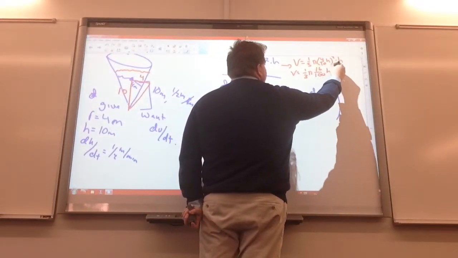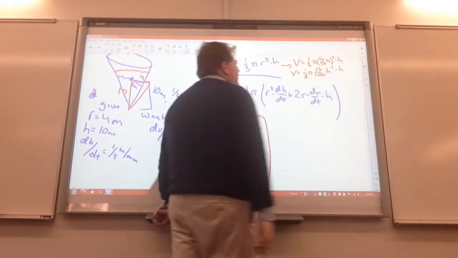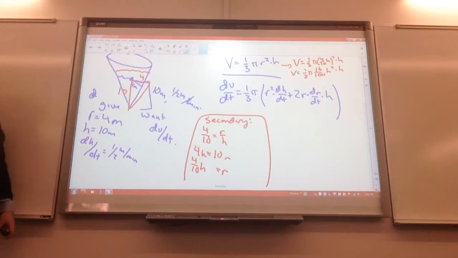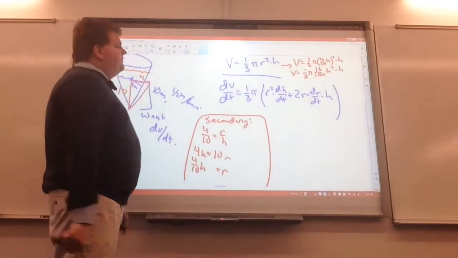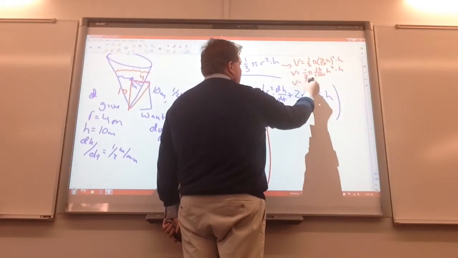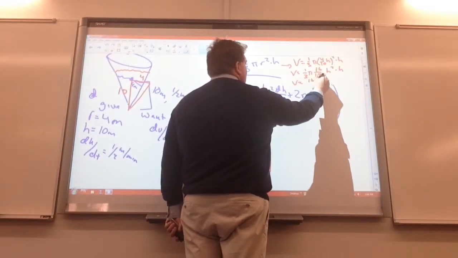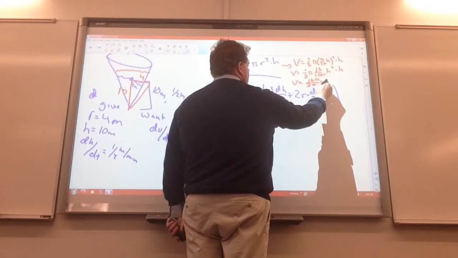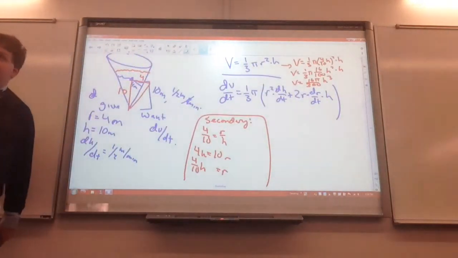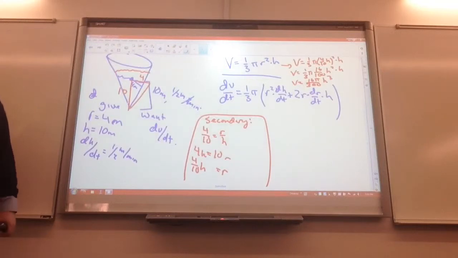Why don't you use 2h fifths? I could use 2/5. Okay. I'm going to just leave it as what I've written so far. You're absolutely right, I could make it 2/5. And then finally, this whole thing would clean up to be V is equal to 16 pi over 300 h cubed. Right? Because h squared times h is h cubed.